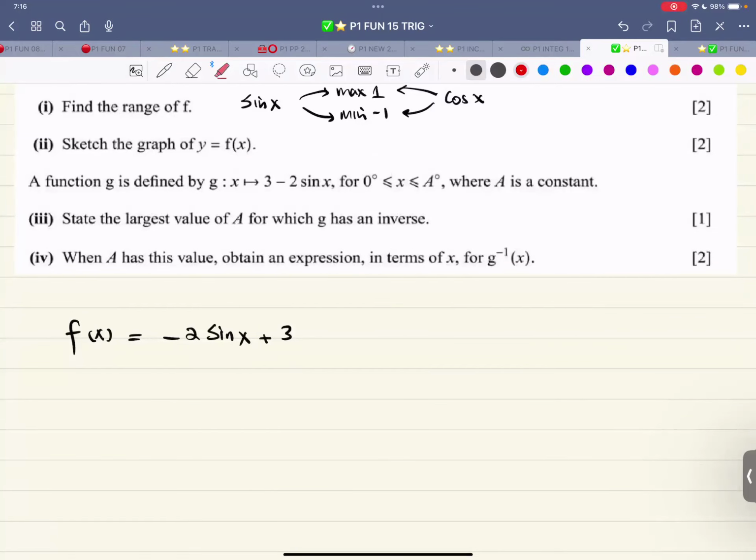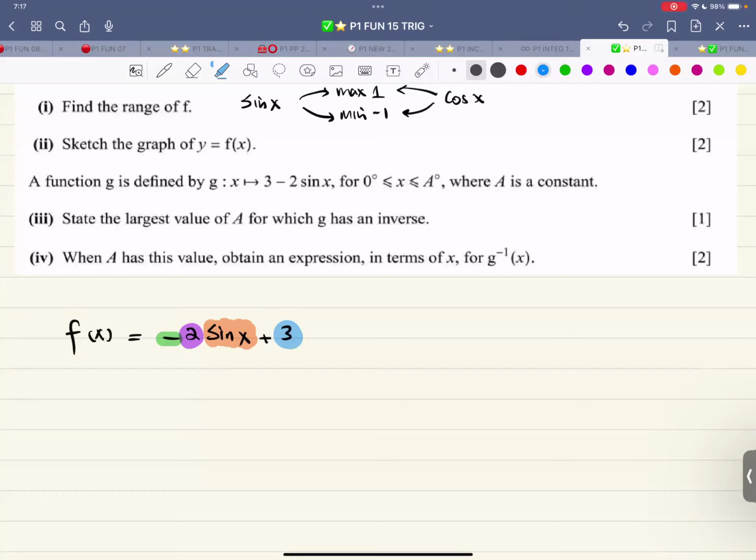That is, first write the trig function, because you can see the transformation. You have the sine x, and then you are multiplying it with 2, and then you are multiplying with the negative sign, and then you are adding a 3. So that is the transformation.